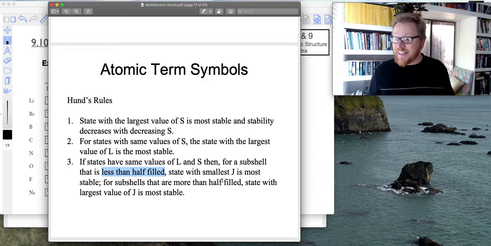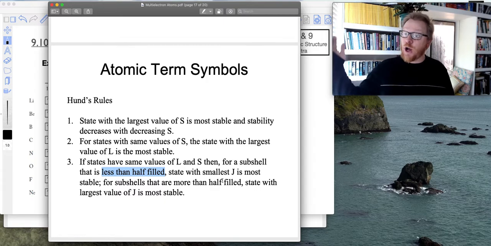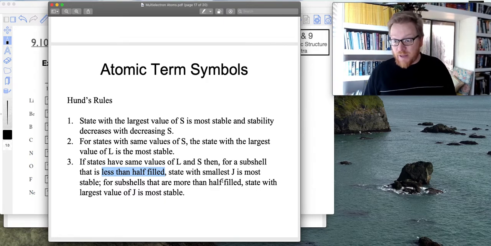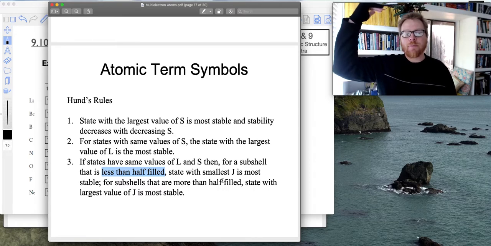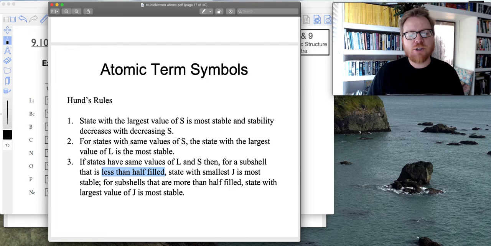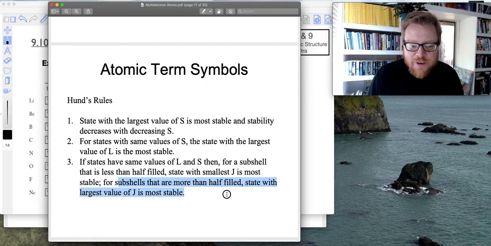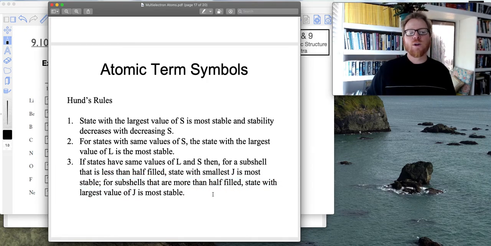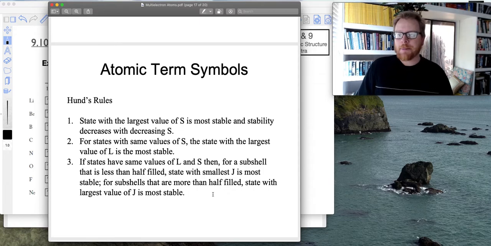Sodium is exactly half filled with the 3s1, and certainly when it goes into the 3p1, it's definitely less than half filled. Well, the J=1/2 state for sodium was lower in energy than the J=3/2 states, okay? But for subshells that are more than half filled, the state with the largest value of J is the most stable, okay?